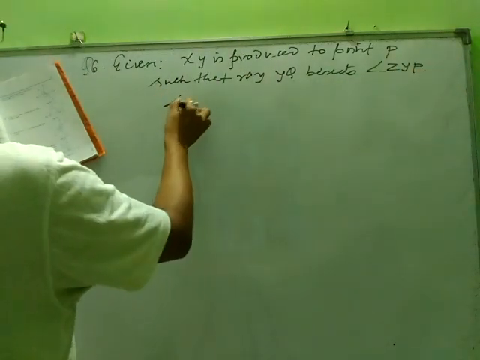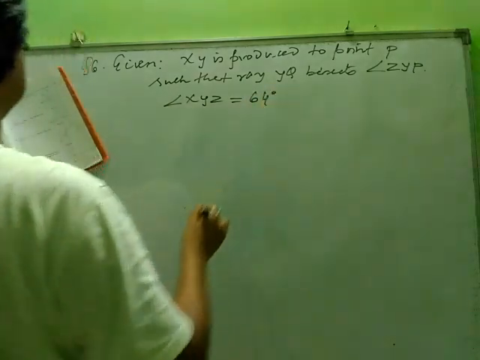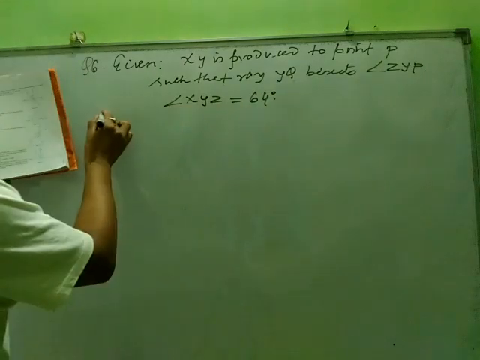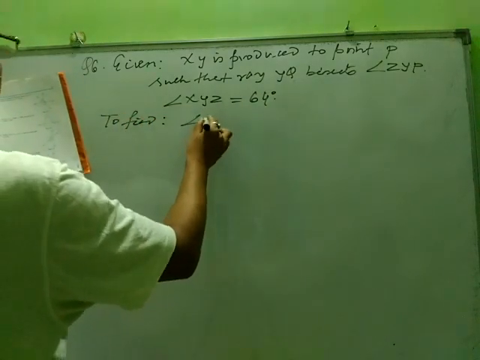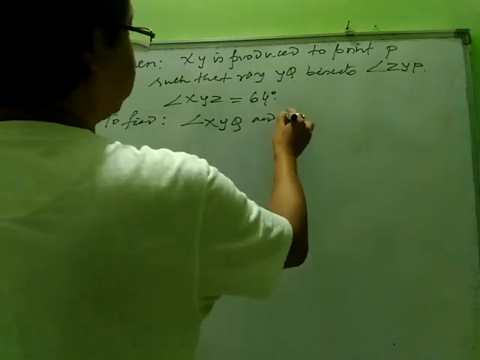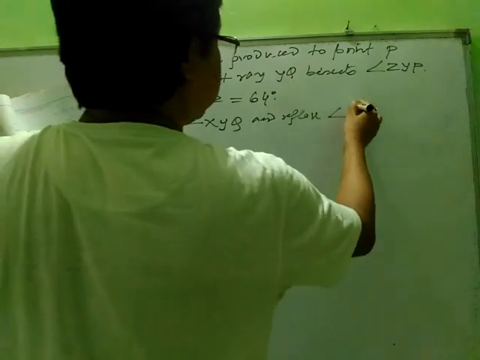It is given that angle XYZ equals 64 degrees. Now find angle XYQ and reflex angle QYP.